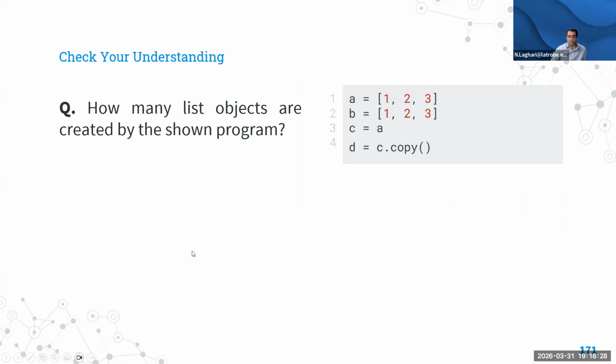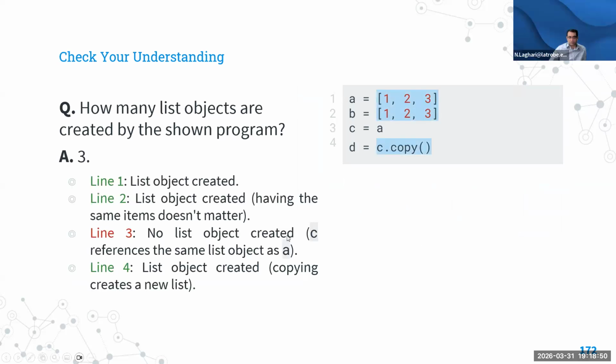Now the question: how many list objects are created by the shown program? A is 1, 2, 3, B is 1, 2, 3, and C equals A. D is C.copy. How many lists are there in this case?